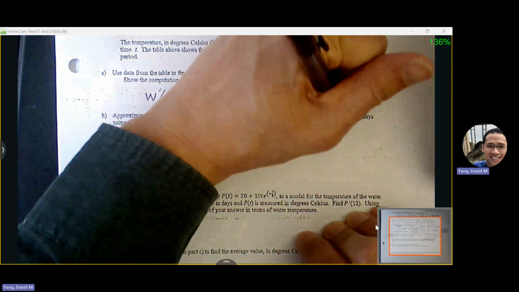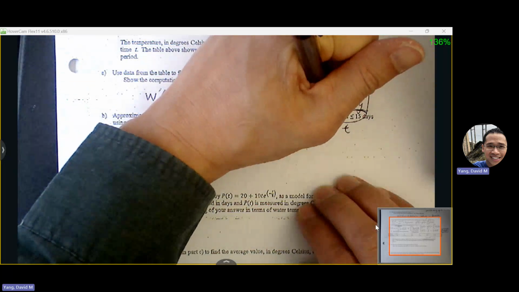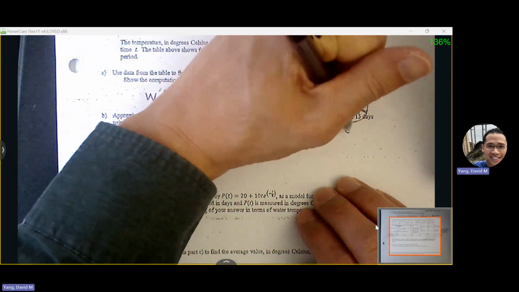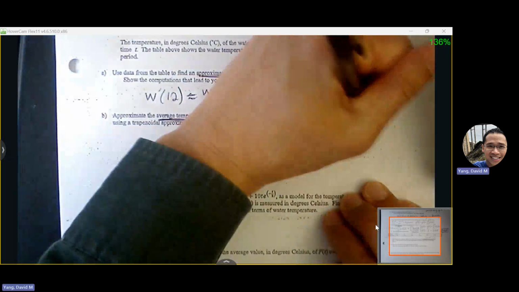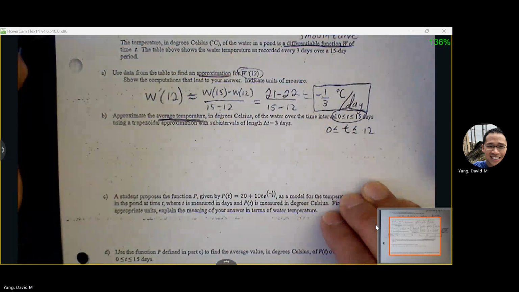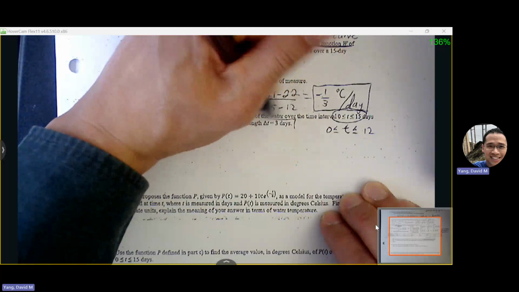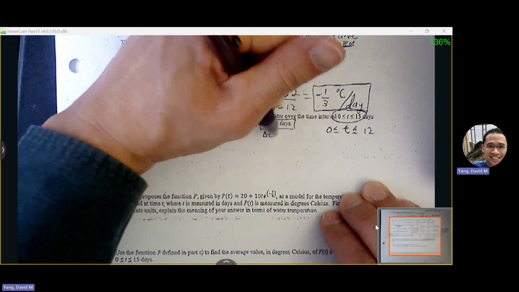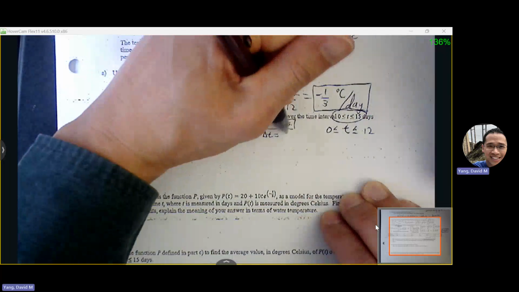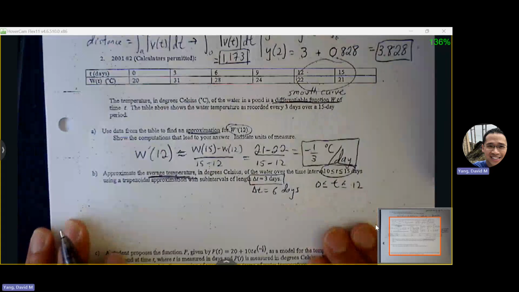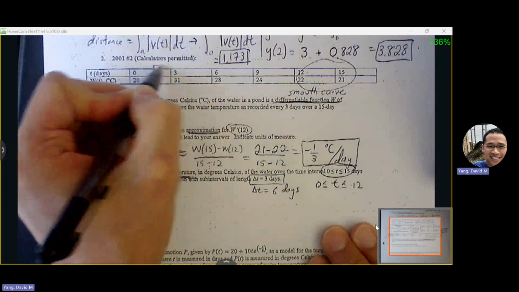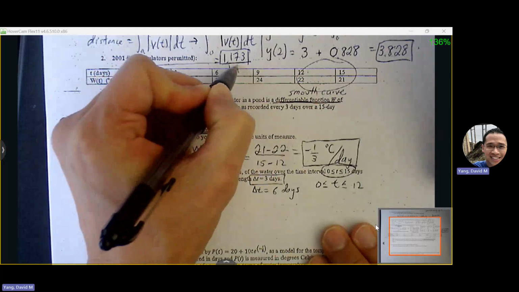Just so that we can save a little bit of time, let's say it's between 0 and 12 days using subinterval length delta t of 6 days. So we're just going to create two subintervals here. So 6 days, from 0 to 6, and then from 6 to 12.